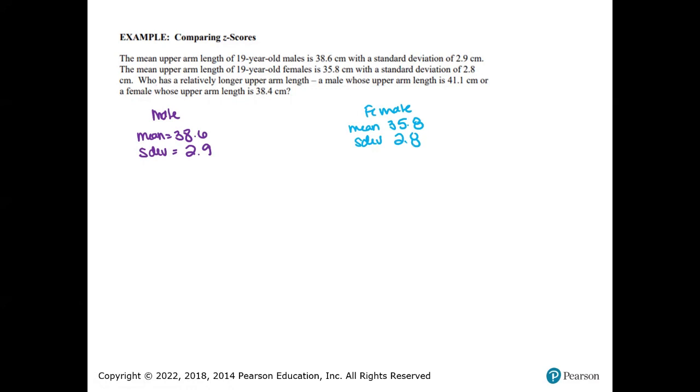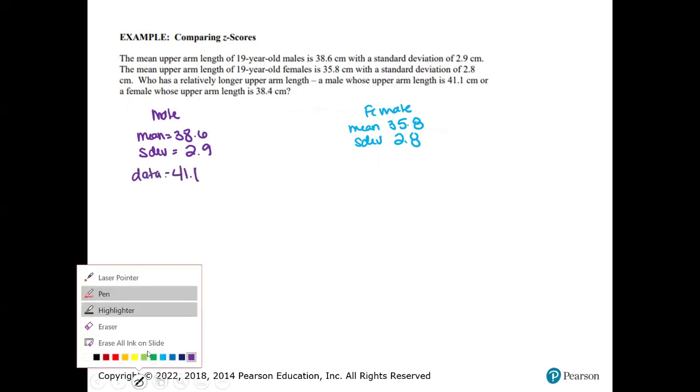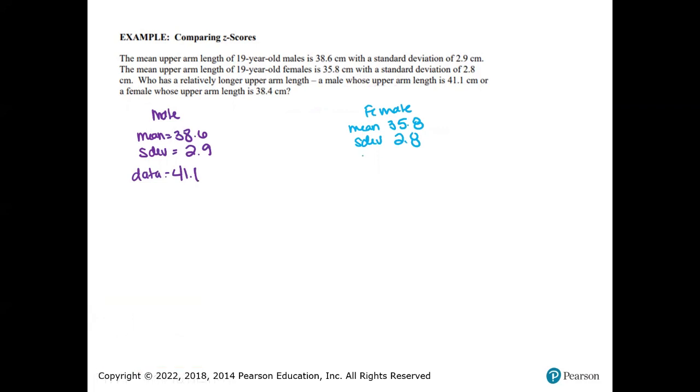Who has the relatively longer upper arm? A male with a value of 41.1 or the female with a value of 38.4.